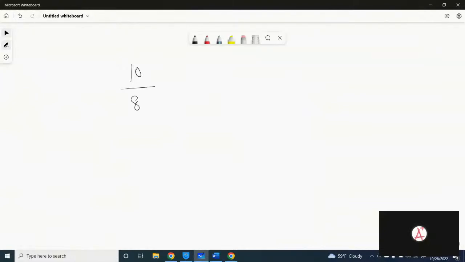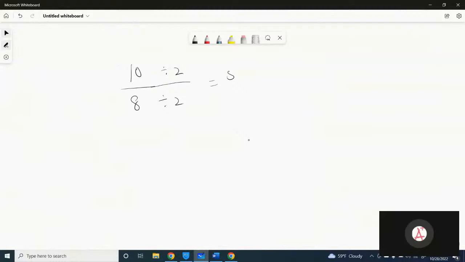Do we have any? So you have to find a common number that can divide both numerator and denominator. So the common number is 2. Let's just divide both numerator and denominator by 2.